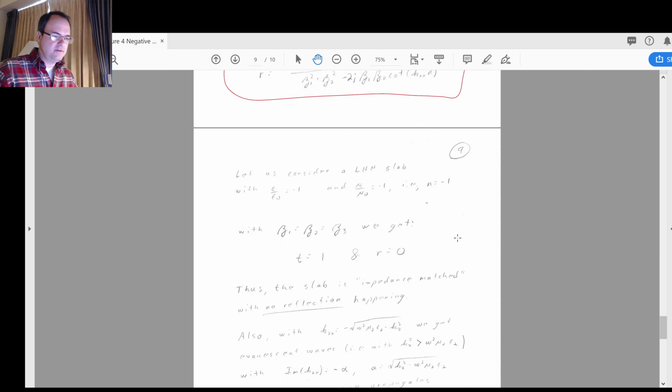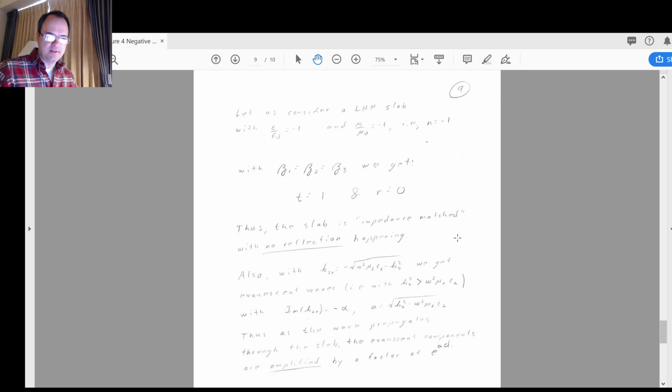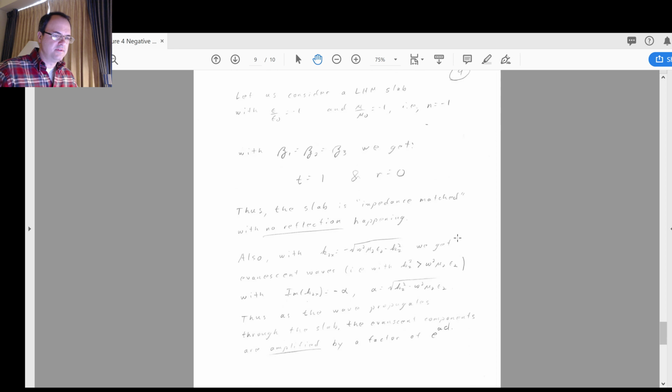So let's consider a left-handed material slab with epsilon equal to -1 and mu equal to -1, relative. So therefore n is equal to -1.